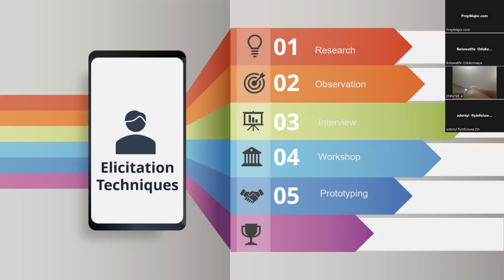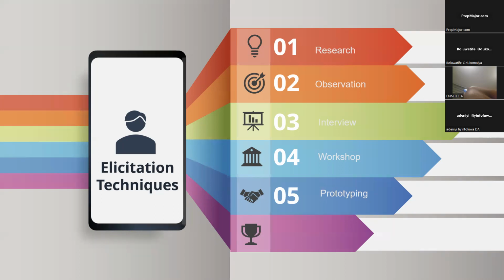So you organize a workshop, and then everybody's in a room, and you begin to ask them questions, their opinion, and you can have a whiteboard, you can have sticky notes. Yeah, so you can be very creative with workshops.